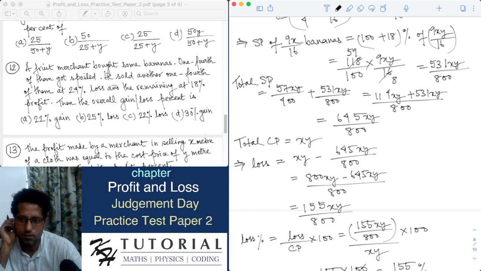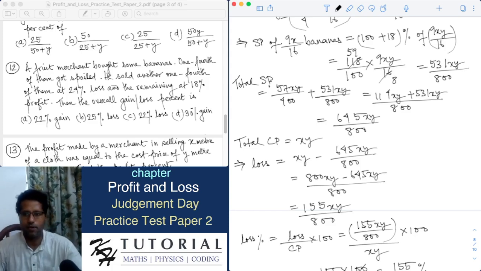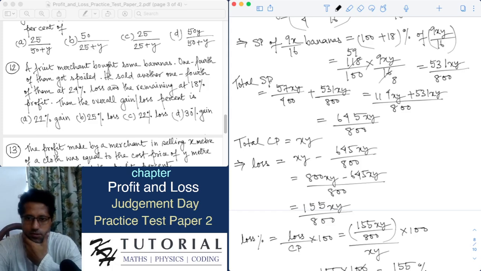Now 645xy by 800 is definitely less than xy. So the selling price is less, which means there is a loss. So loss is cost price minus selling price, which is xy minus 645xy by 800. This is 800xy minus 645xy by 800, which is 155xy by 800.